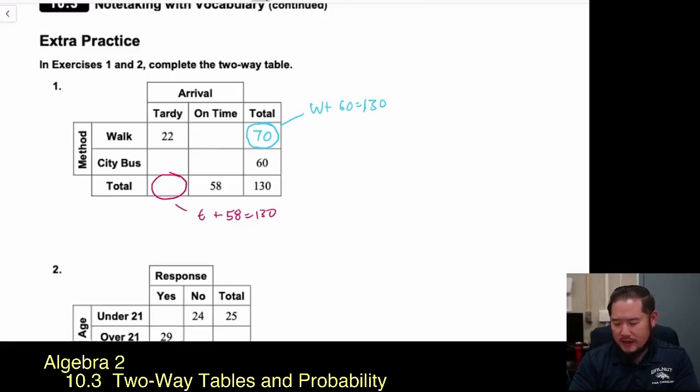If I subtract 58 from both sides, we end up with 72. Now we're beginning to fill in the pieces and the gaps. It's pretty simple: 22 plus what number will get us 72? Hopefully we'll go ahead and put down 50.